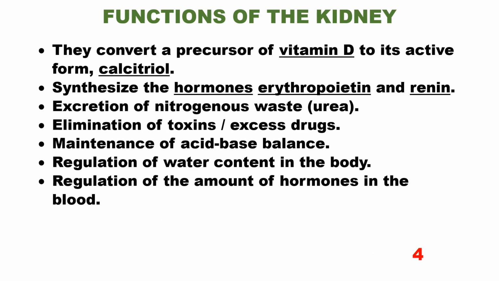Functions of the kidney: they convert a precursor of vitamin D to its active form, calciferol. These are precursors of vitamin D. So the kidney converts these precursors of vitamin D to form the vitamin D itself.